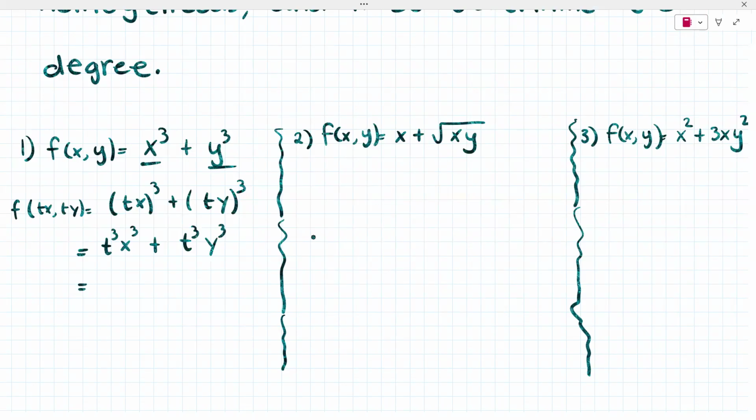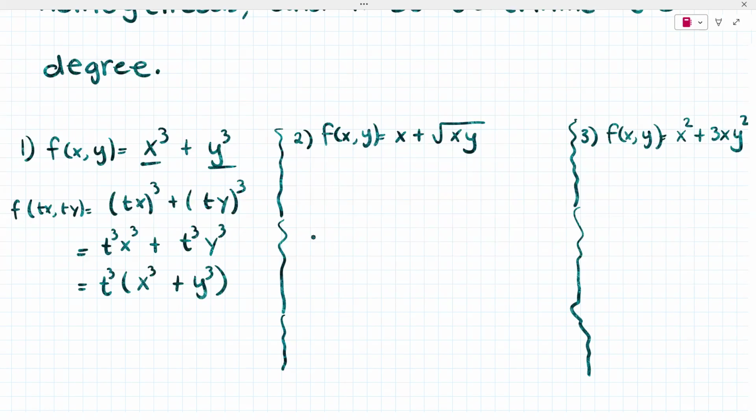Now, what you can do next is factor out a t cubed. So this would be t cubed times x cubed plus y cubed.